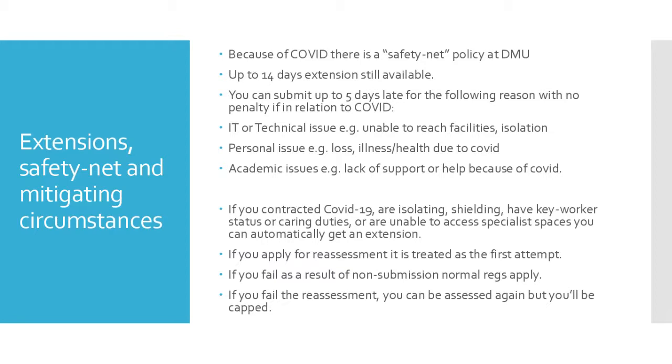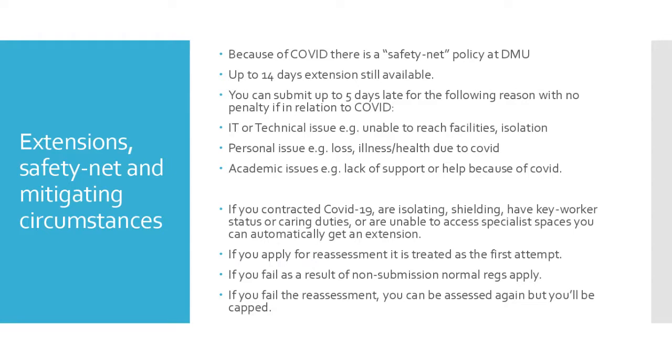If you apply for reassessment, it is treated as the first attempt, provided that there are COVID-related circumstances. If you fail as a result of non-submission, normal regulations apply. If you fail the reassessment, you can be assessed again, but you'll still be capped as normal.